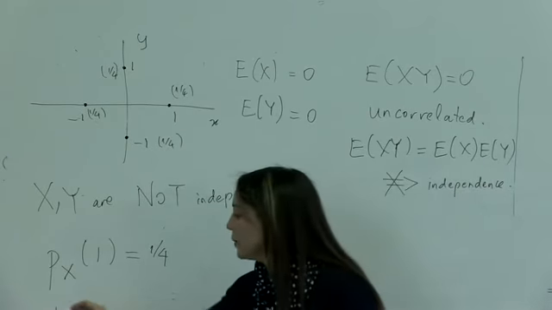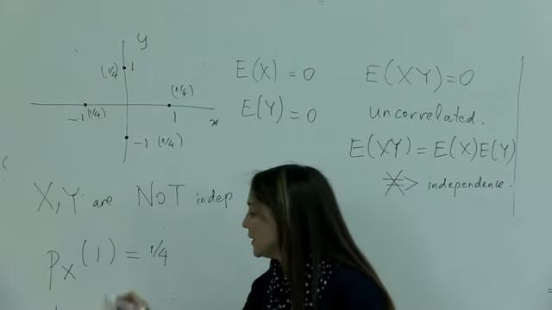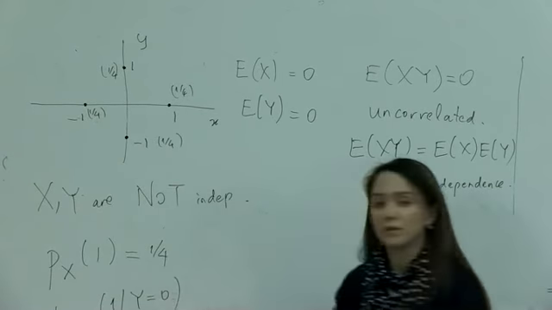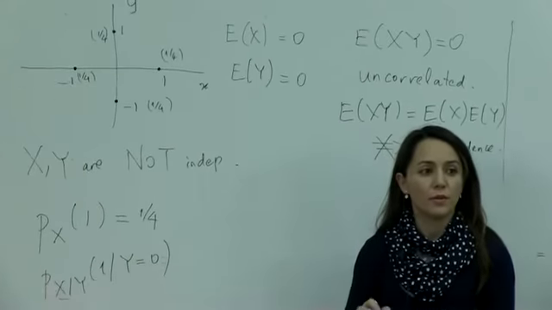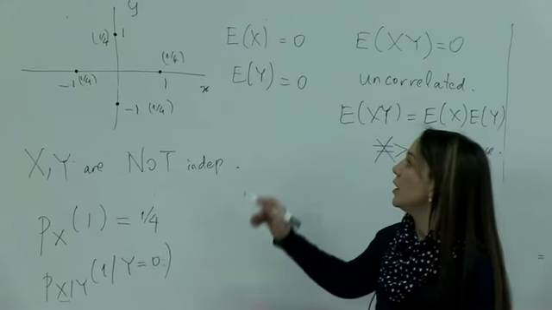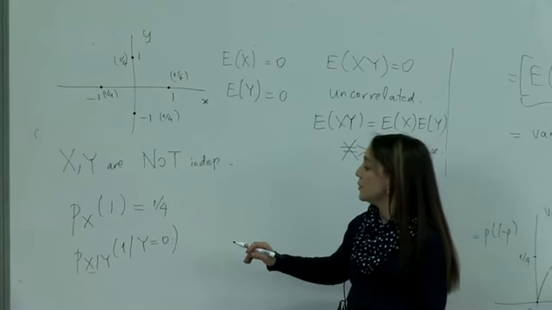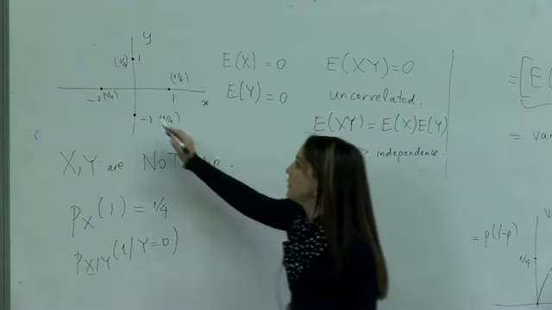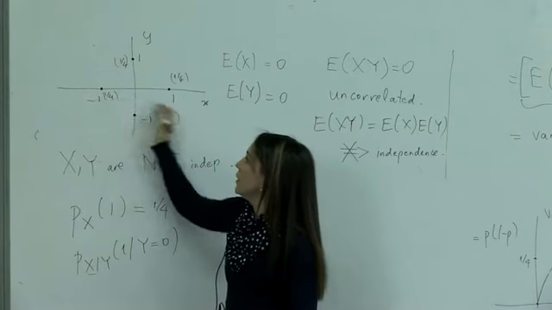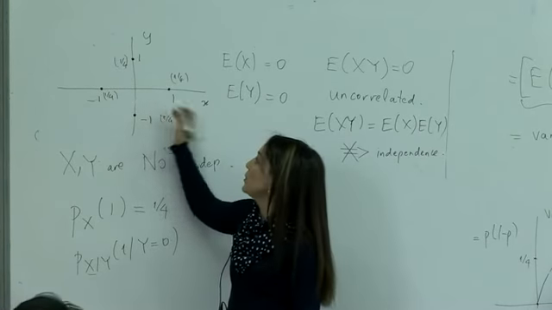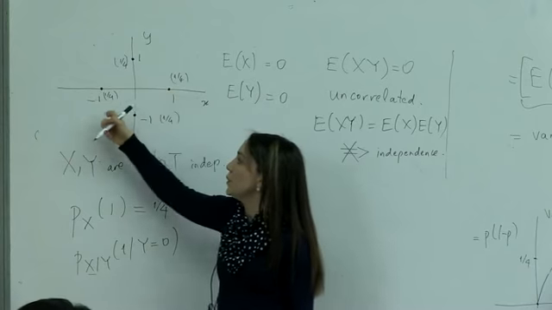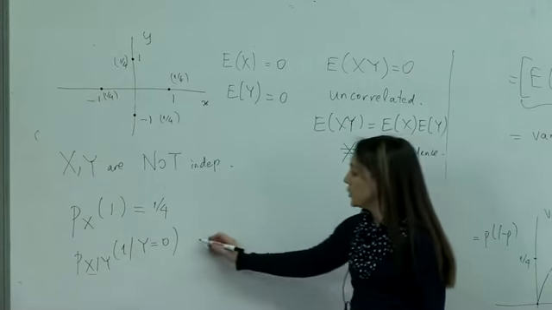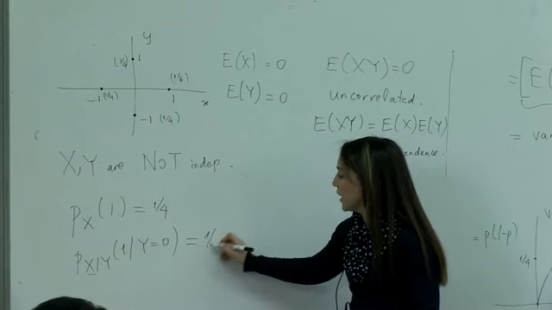Now, what is the probability that X equals 1 given Y equals 0? When Y is 0, we're here. With probability 1/2 X is equal to 1, with probability 1/2 X is equal to -1. So this is equal to 1/2.